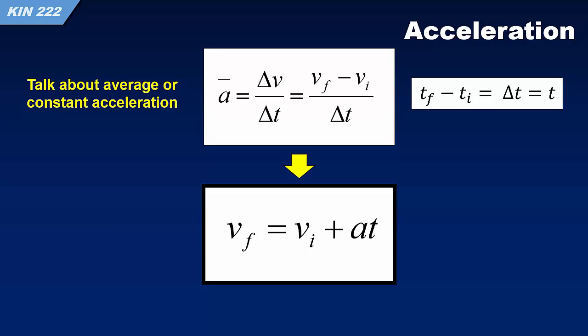But we can look at that formula and say, okay, if there wasn't any acceleration, all that formula tells us is that the final velocity is equal to the initial velocity. In other words, there's constant velocity if there's no acceleration. But if we do have acceleration, then the final velocity is not going to be the same as the initial velocity. It'll be the initial velocity plus some component due to the fact that there's acceleration. So this formula is the first of these four kinematic formulas that we're going to look at.